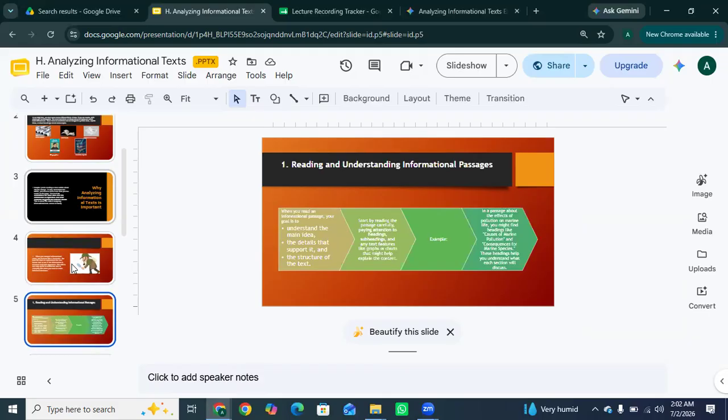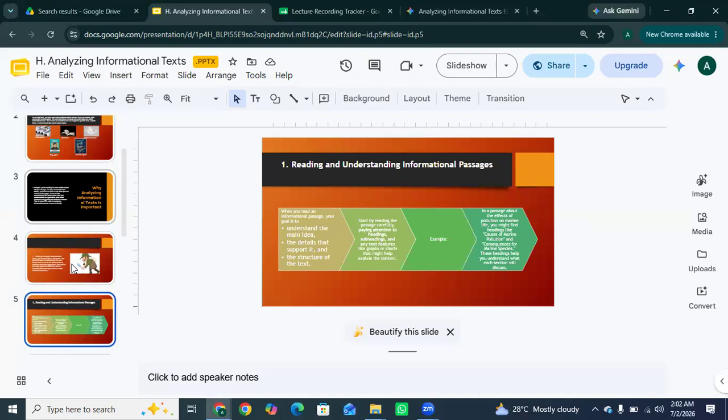Reading and understanding informational passages. Basically, this slide breaks down the first steps of reading informational text. When you read an informational passage, your goal is to understand the main idea, the details and support, and the structure of the text. Pay attention to formatting.